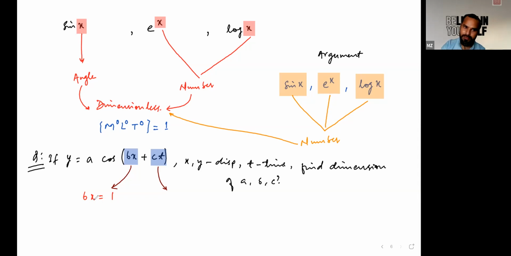Here, x is nothing but displacement and b is the unknown for which we have to solve the dimension. So we can write b is equal to 1 over x, or we can write it as 1 over L. If we bring that L to the numerator, it will be L to the power minus 1. Is it clear?